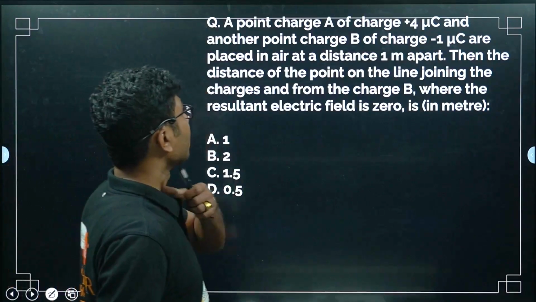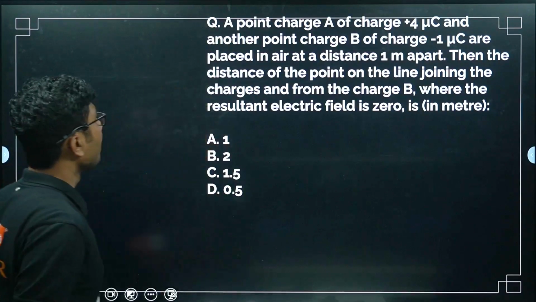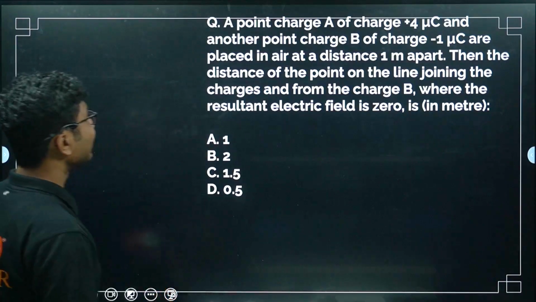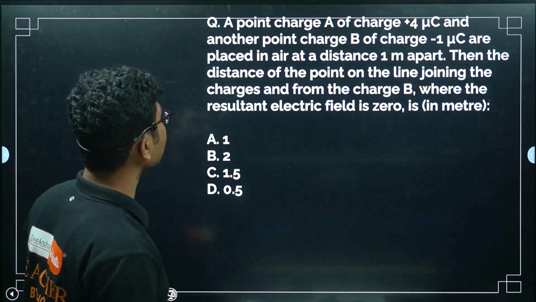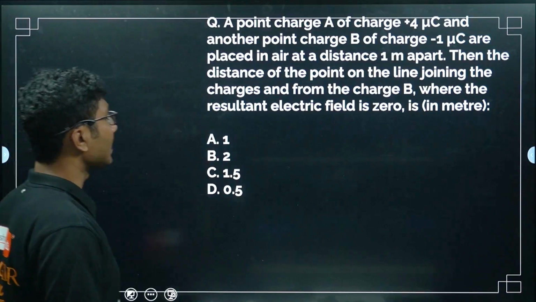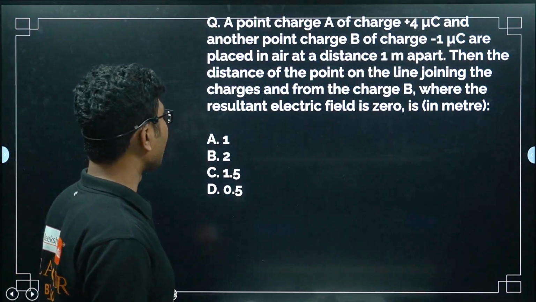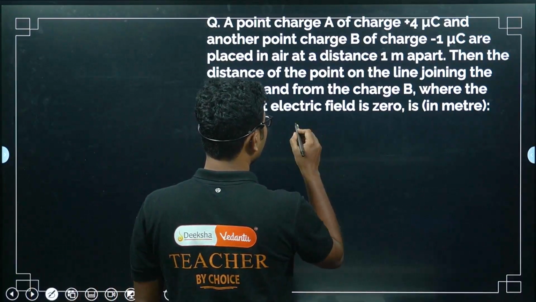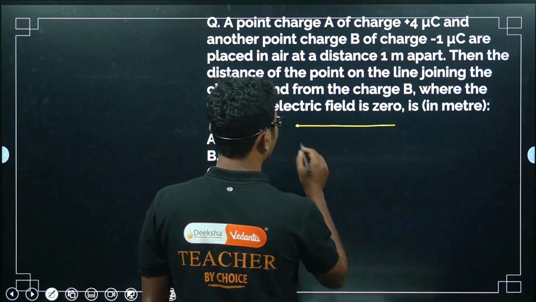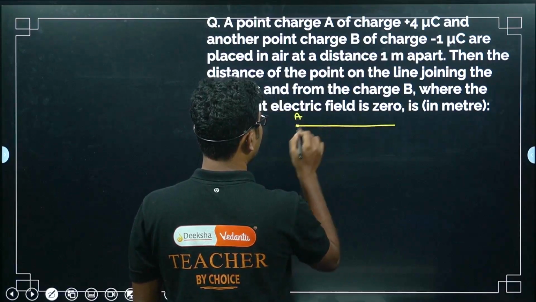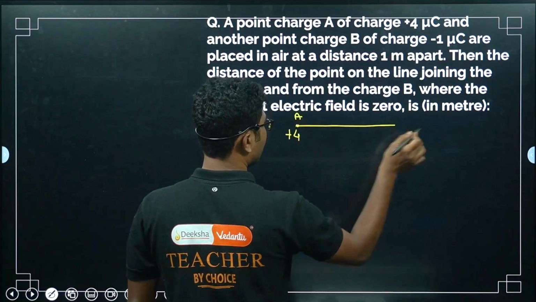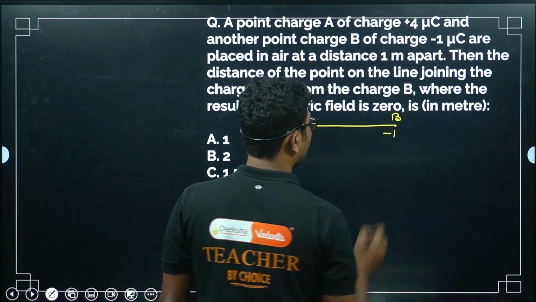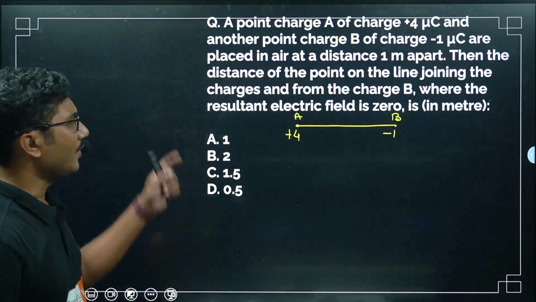A point charge A of plus 4 microcoulomb and another point charge B of minus 1 microcoulomb are placed in air at a distance 1 meter apart. Find the distance from charge B, on the line joining the charges, where the resultant electric field is 0. They have asked you to find the null point.